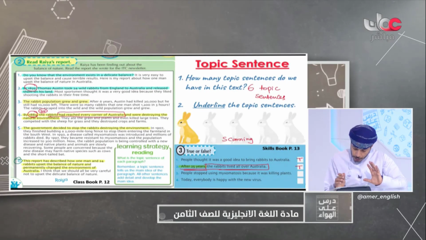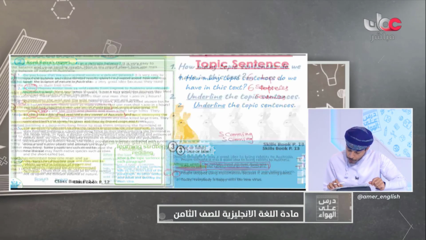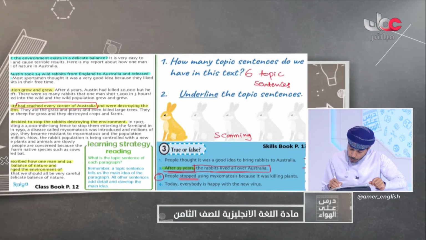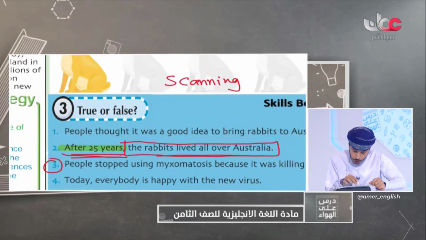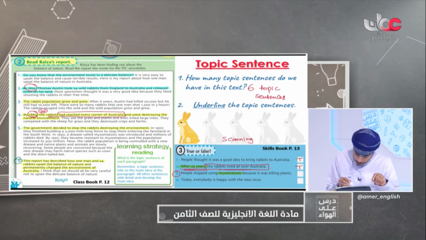Good. Then let's move to the third question, which is about people stopped using because. And here we have this word as a keyword. Okay, so we need to look for this keyword in the text, and this word is available in paragraph number 5, line number 3.